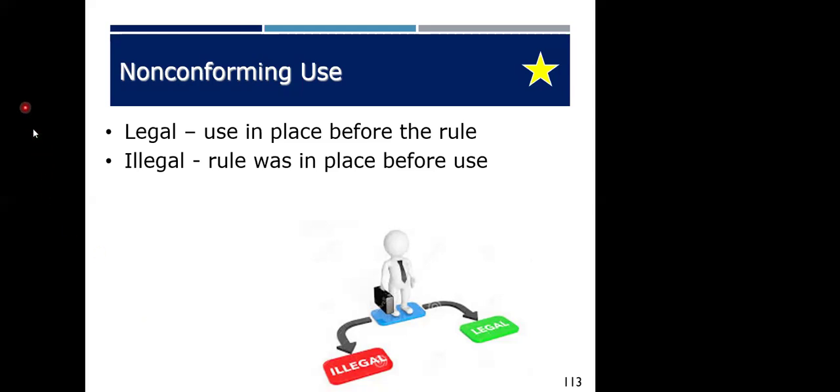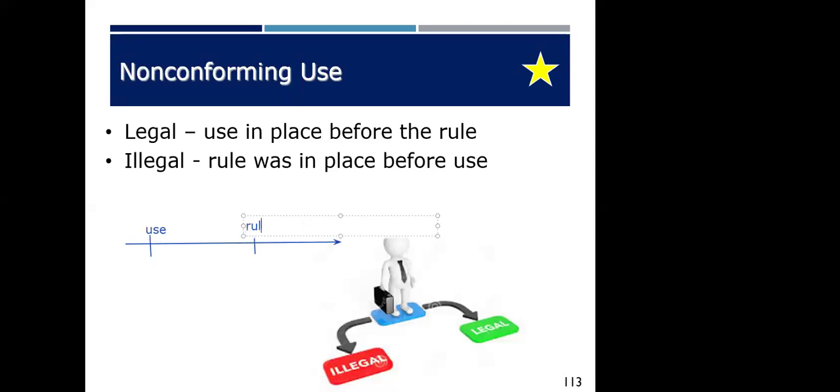The legal non-conforming use, and when I think of these, I like to draw myself a timeline so I can kind of see what it is I'm looking at. So if we have our legal non-conforming use, the use was in place. You were doing it, and then they went and changed the rule. They went and changed the zoning.